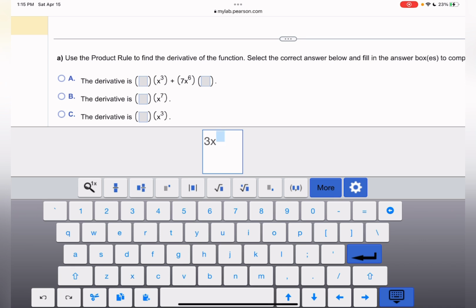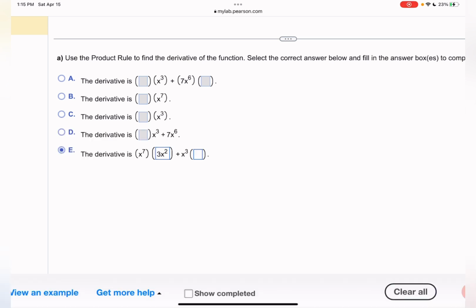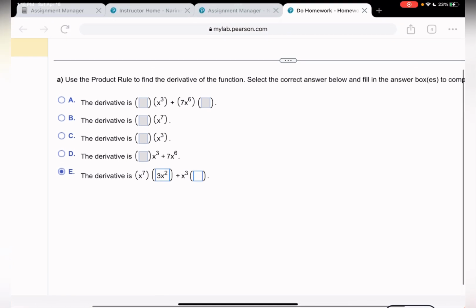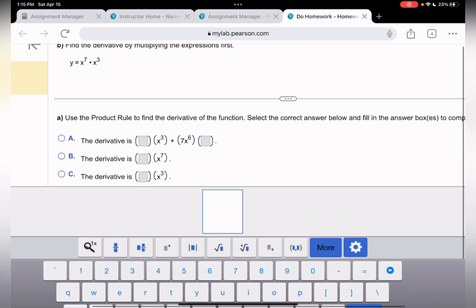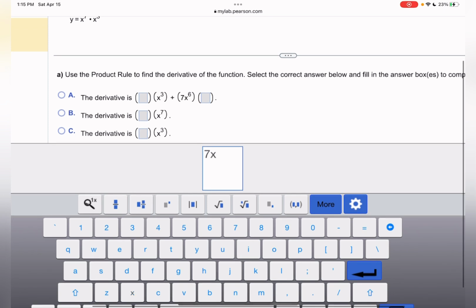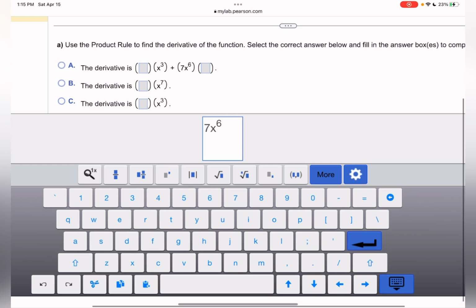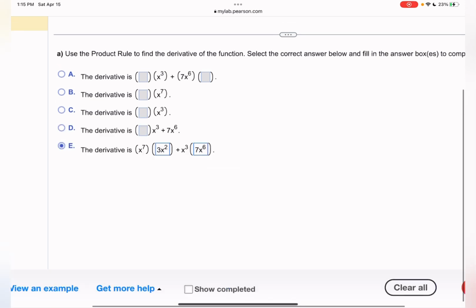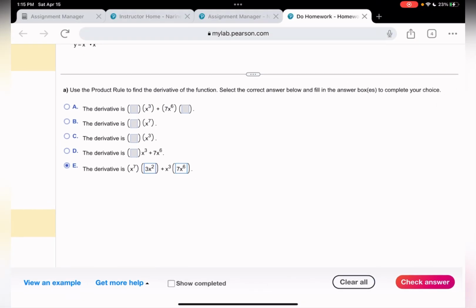And then for the second one, we have x cubed, which means multiplied by the derivative of the first one, which is going to be 7x to power 6. Okay, let's check.